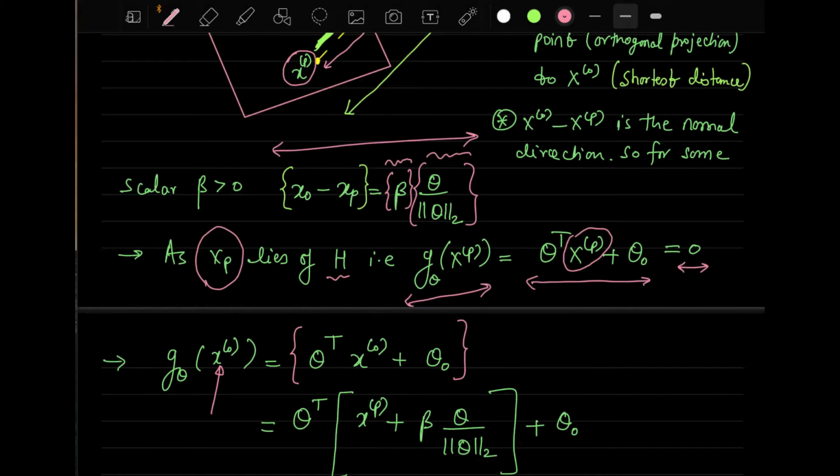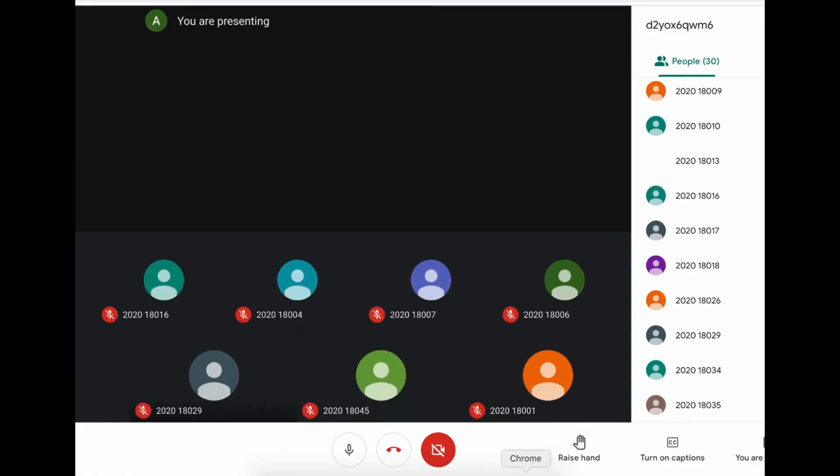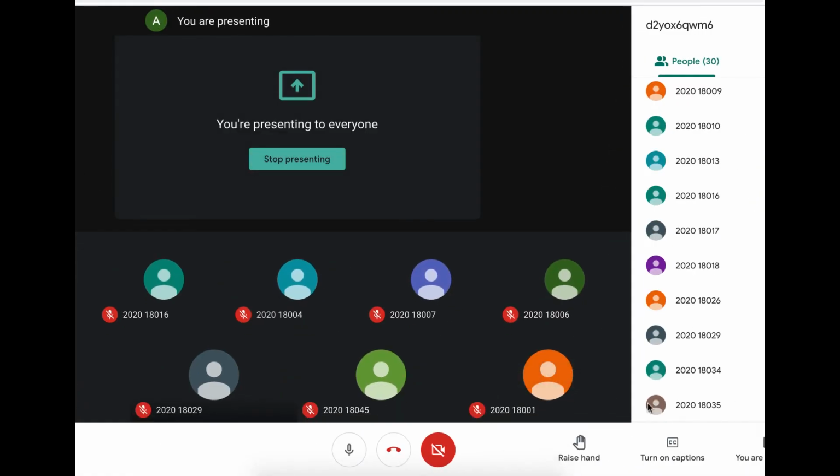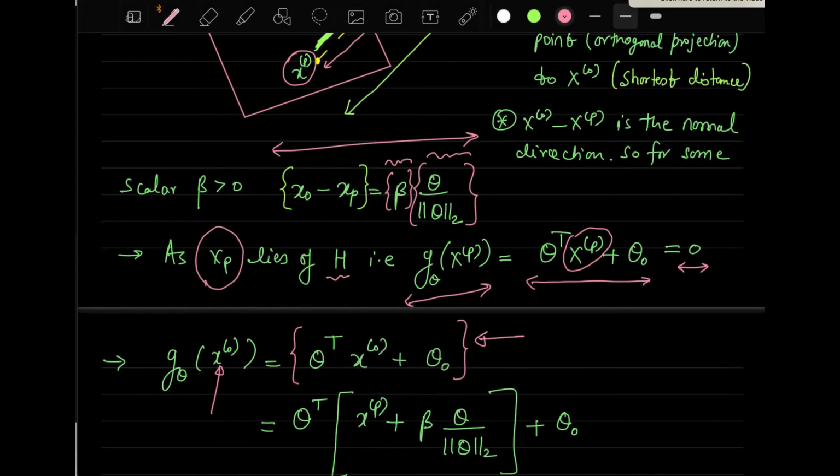Will it be equal to 0 or not, this particular thing? How many of you say it will be 0? How many of you say it will not be 0? Sir, if x0 is there, I guess it will be 0, but for xp it won't be. No, I don't think so. What you are saying is the other way around.